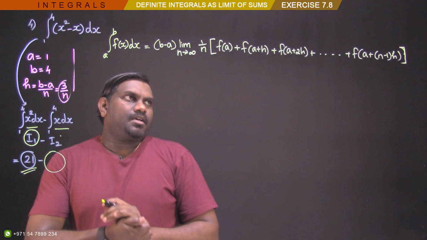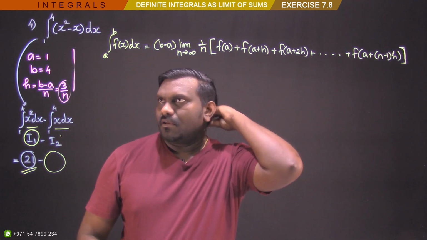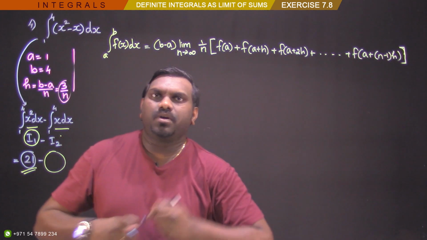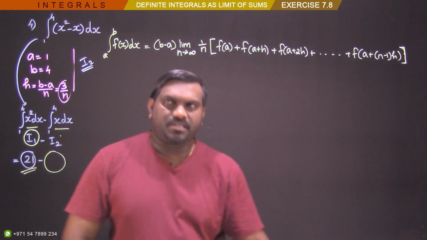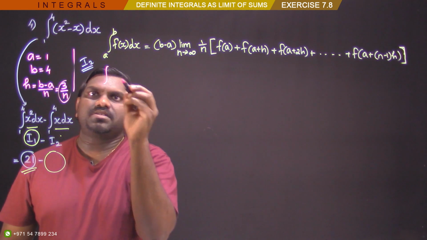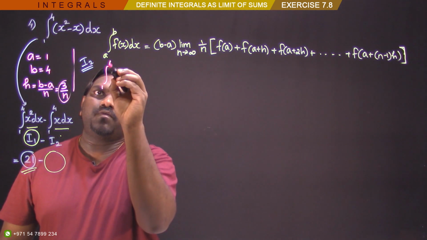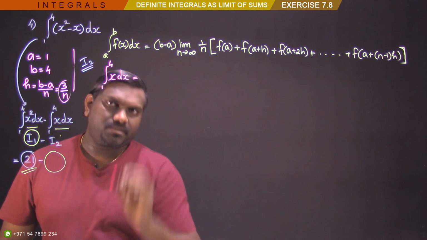Yep. Now on to our question here. I2 is what I'm gonna find here. All these values are given here, dear. So 1 to 4, what is the question? Root x dx is what I'm gonna evaluate.